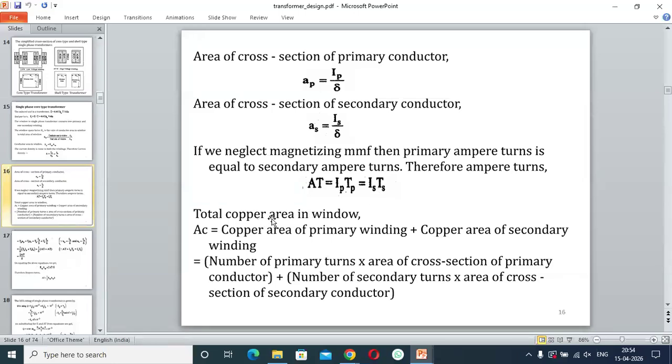So the total copper area in the window is the copper area of the primary winding plus the copper area of the secondary winding.